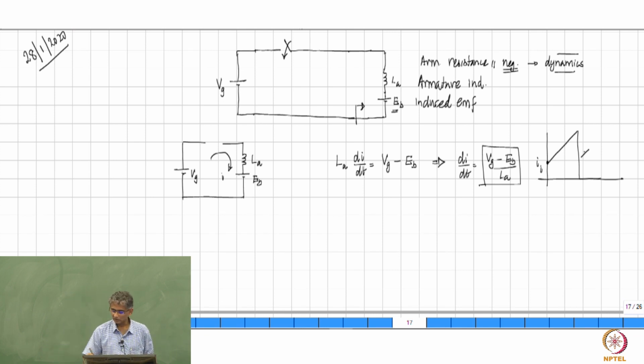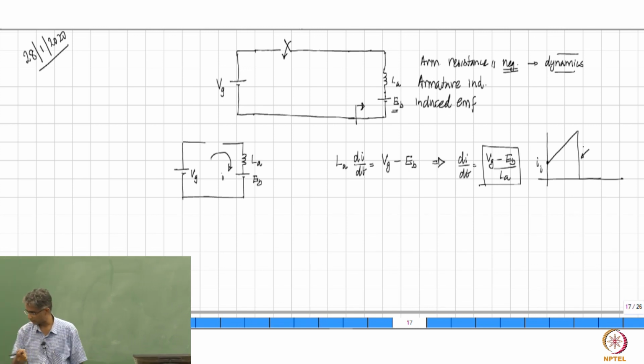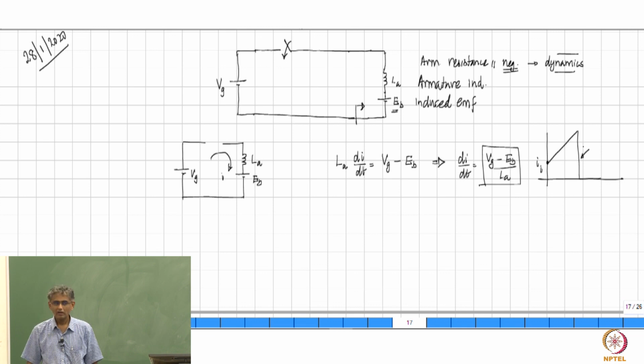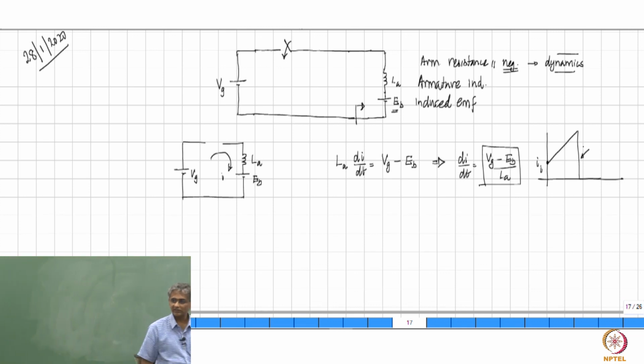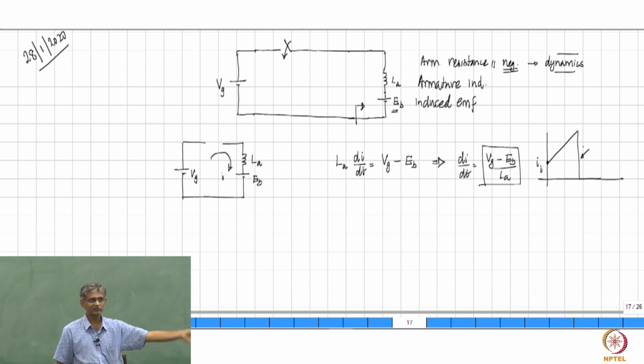But this is not at all a good idea for this circuit. Can anybody guess why? Half L i squared will be dissipated, will be gone. It will result in a spark. L di by dt. Di by dt is minus infinity here. You are just switching it off, and L di by dt will generate a huge voltage spike, and that voltage spike will come across the open switch.